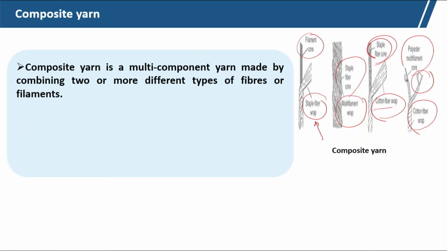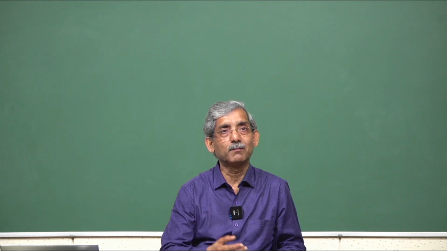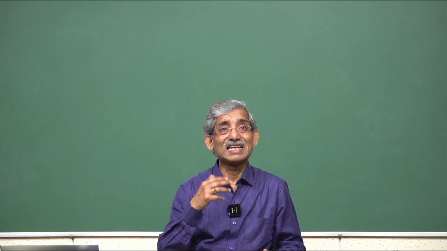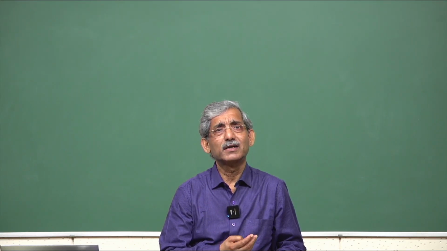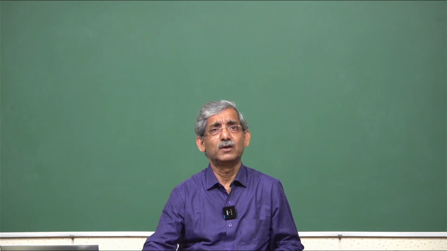So, composite yarn is a multi-component yarn made by combining two or more different types of fibers or filaments. So, these multi-component yarns are used for many protective applications like cut and slash resistant textiles or fire protective textiles, different applications we can use.